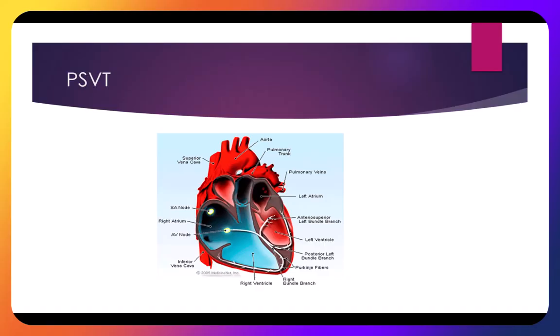Key thing to remember with premature atrial contractions is that you're always going to have to identify that underlying rhythm. So if I ask you this on a quiz or an exam, and you only identify the PAC, you're only going to get half credit. So with PACs, as well as some other rhythms that we'll get into later in the semester, if you don't identify the underlying rhythm, you only get half credit.